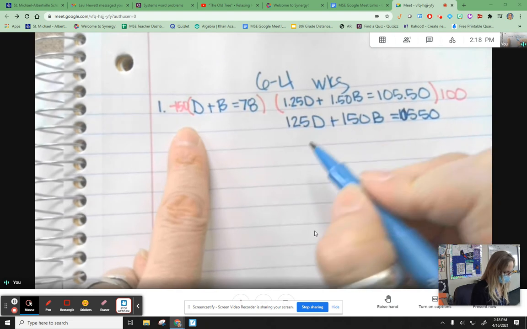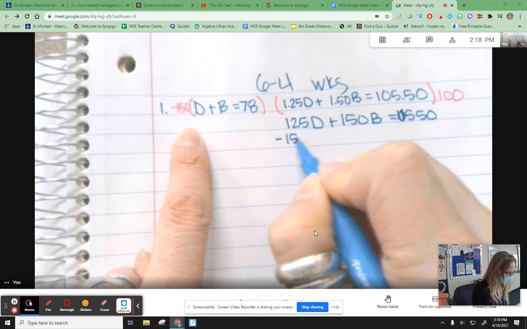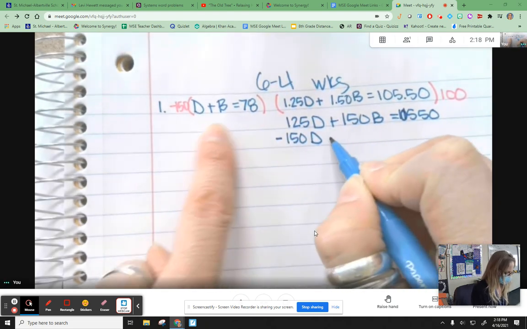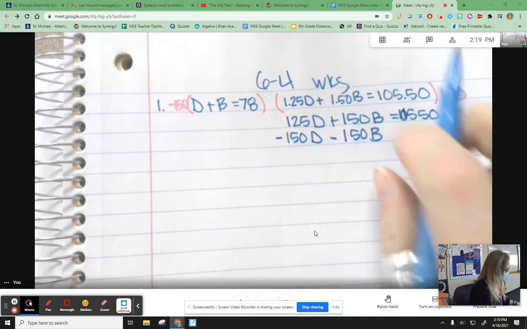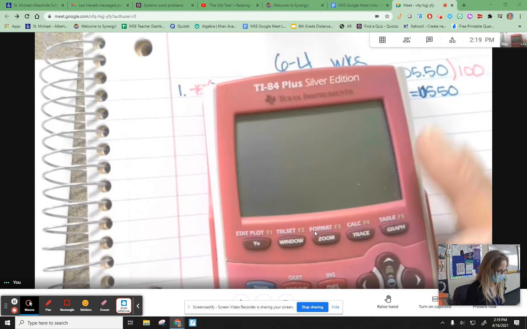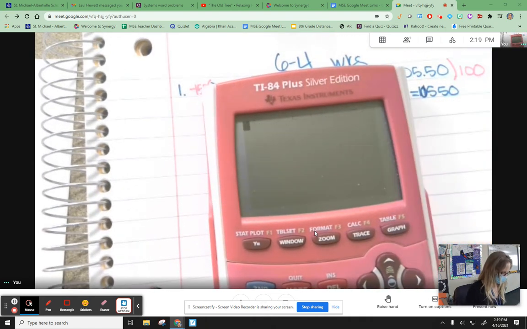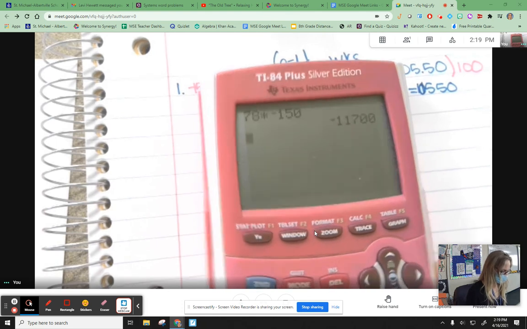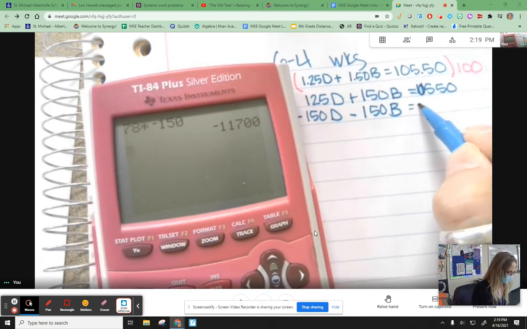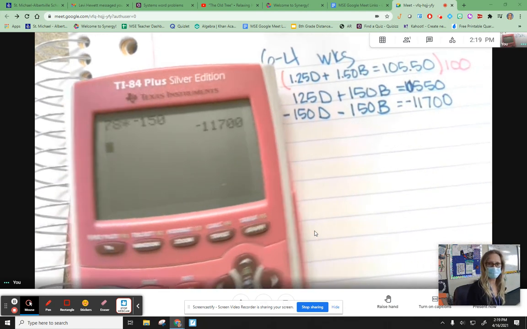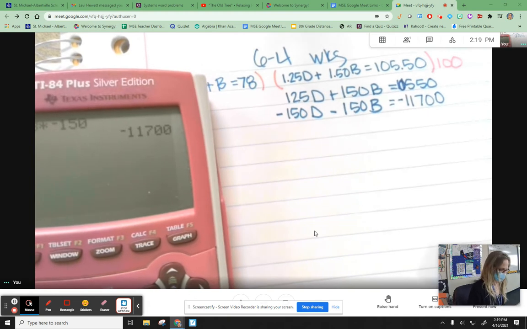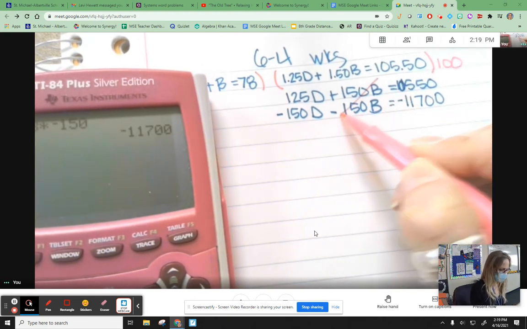So then this would be negative 150. Like that. And then that's going to have me eliminating hamburgers right there.